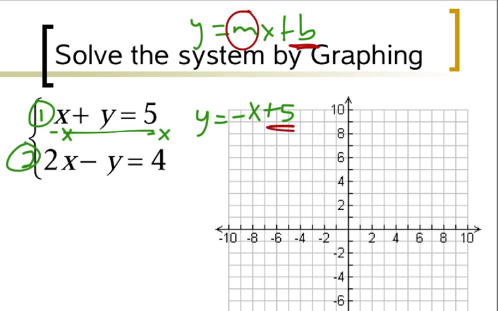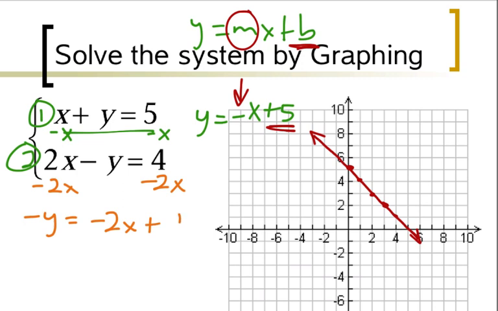So I go ahead and put a dot on 5, okay? And from there I'm going to go down 1 over 1, and you keep going down 1 over 1 as many times as you want, and connect the dots, okay? So now, that's my first line, and it keeps going in both directions. Now I graph the second line by subtracting my 2x, and I'll get negative y equals negative 2x plus 4.